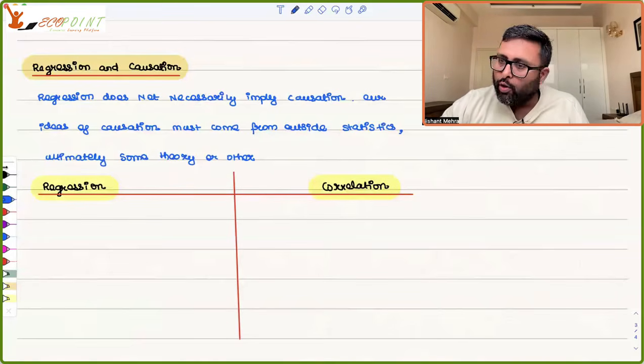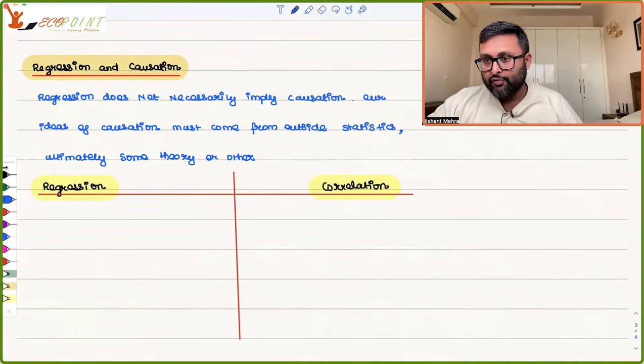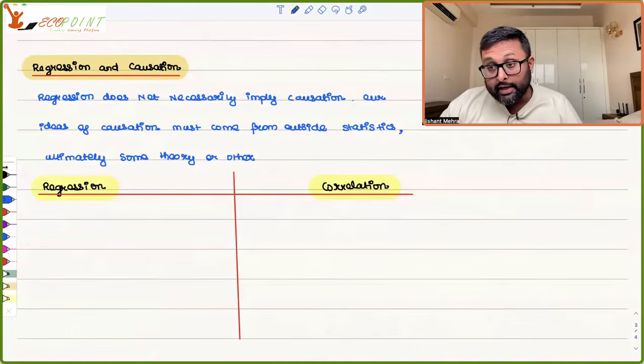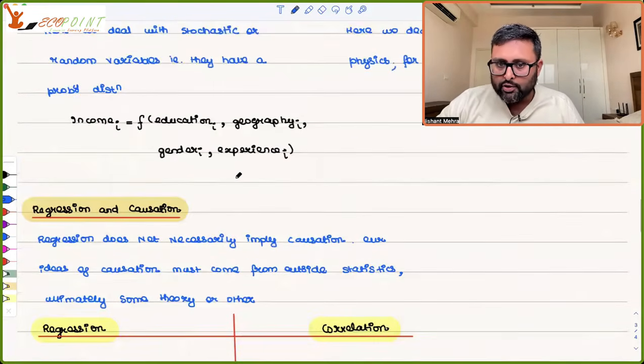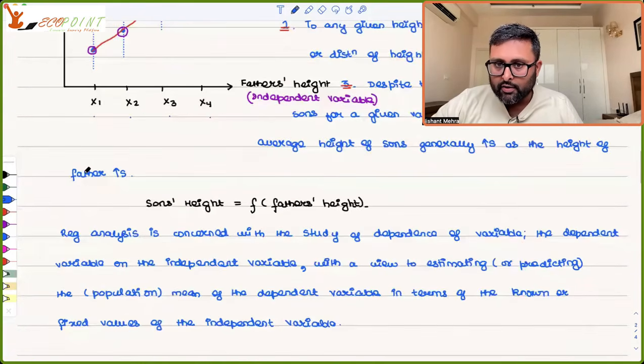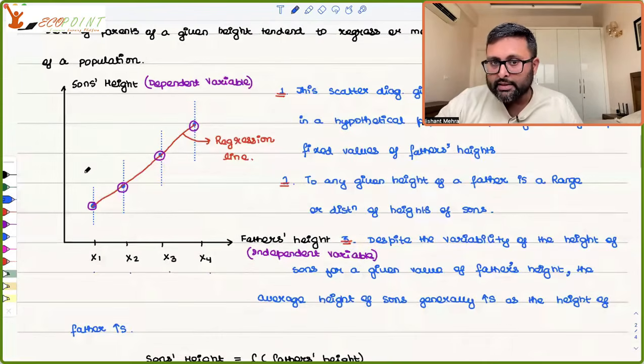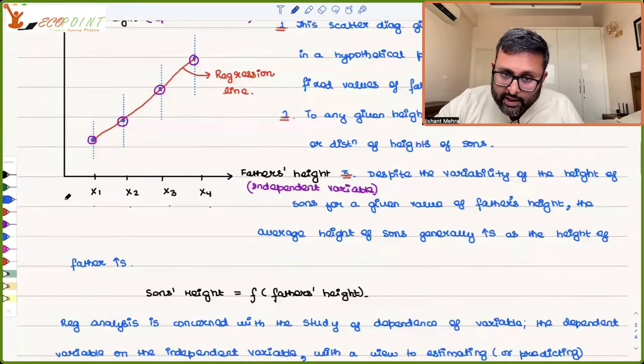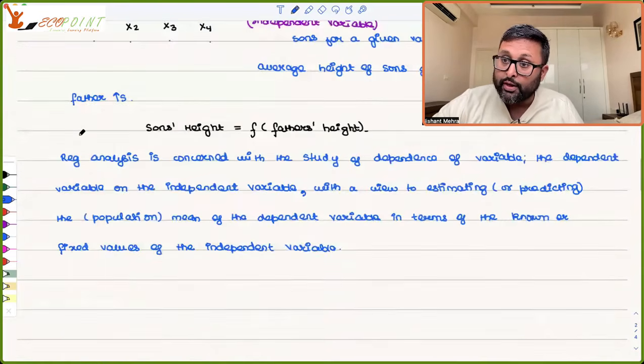So what are you doing in regression? You are trying to predict the average value of the dependent variable given the fixed value of the independent variable. You understand what are independent, what are dependent now? So I've told you earlier also. So all of these are independent variables. This is a dependent variable. So in our father-son example, son's height is the dependent variable, father's height is the independent variable. So for a given value of the independent variable, you are trying to predict the average value of the dependent variable. This is what you're doing in regression.